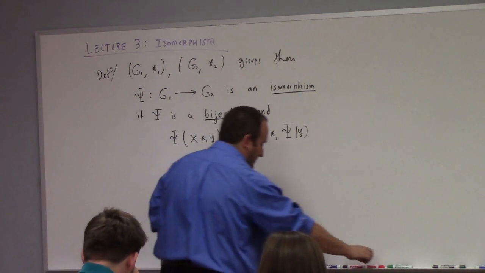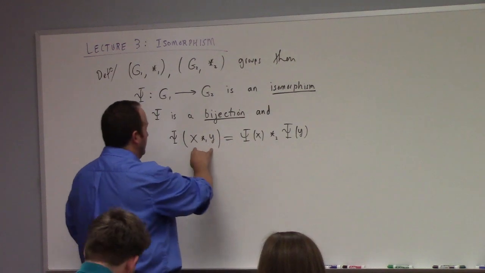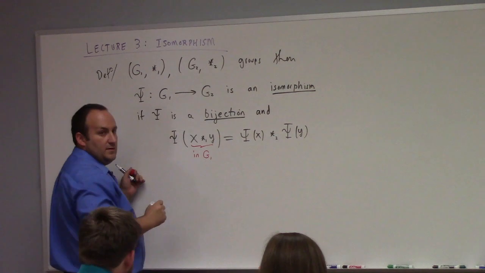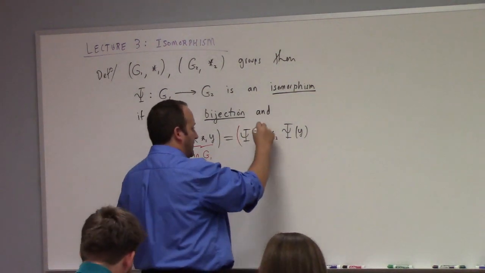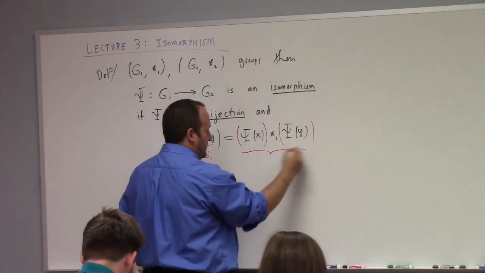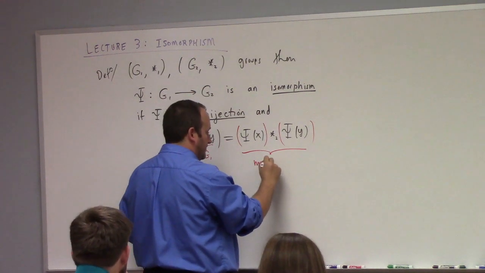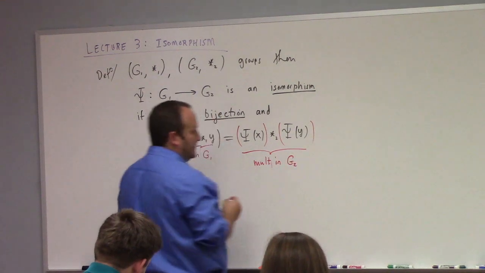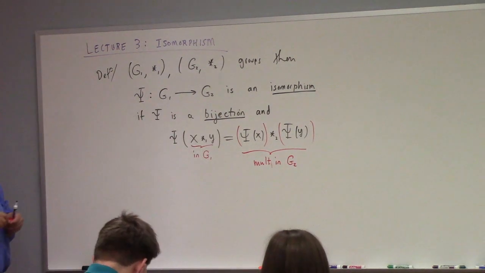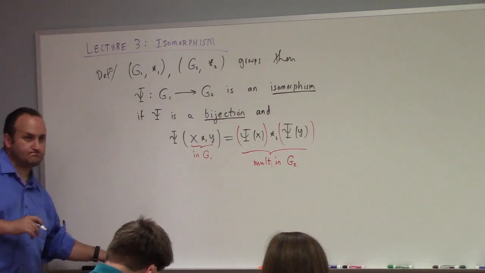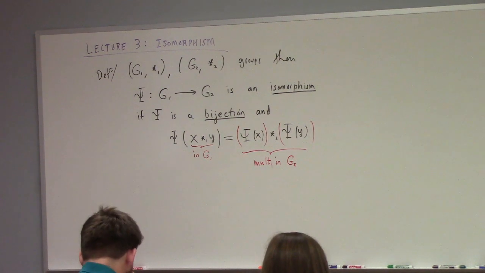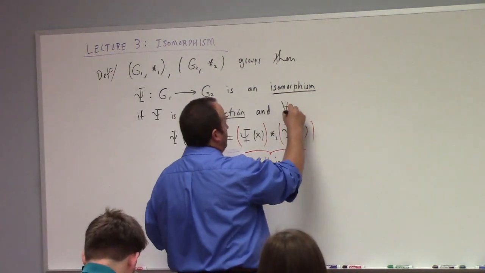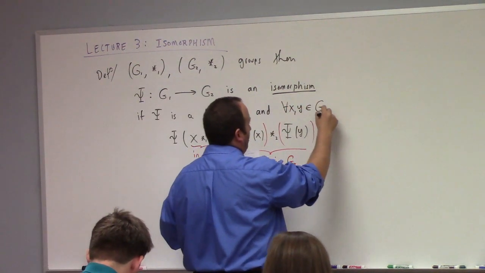I'm saying that the multiplication in the domain is a multiplication in G1, and on the other hand, on the right-hand side, we're talking about a multiplication in G2. So in this sense, the group operation is preserved by this bijection, and that has to be true for all x and y in G1.